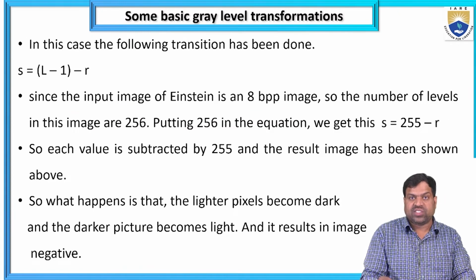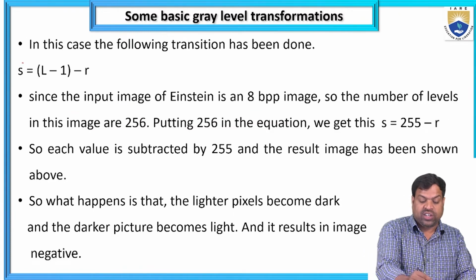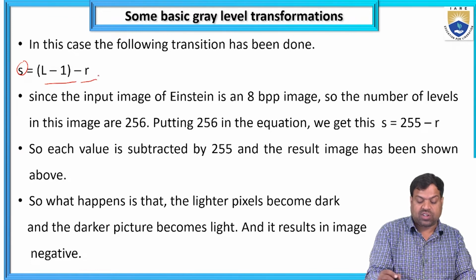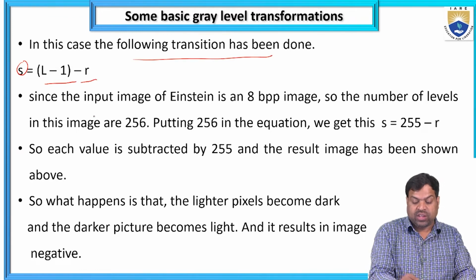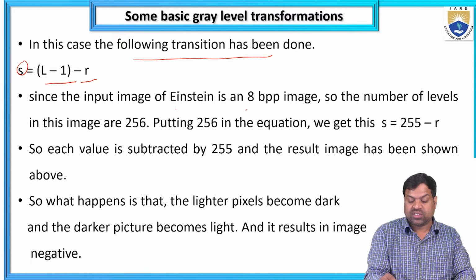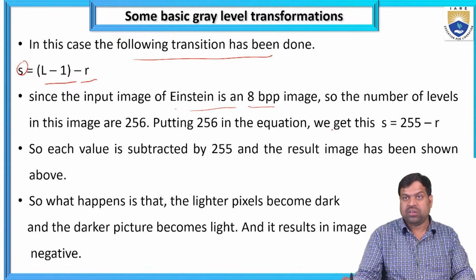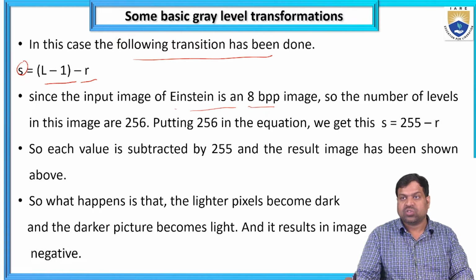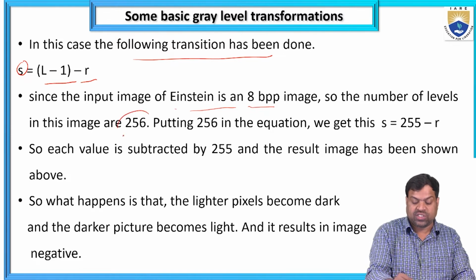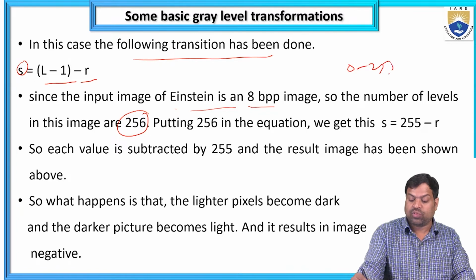So in this case, what is the equation? S equal to L-1 minus R. Here the input image is Einstein in an 8 bits per pixel image, so the number of levels is 256, meaning 0 to 255 levels.